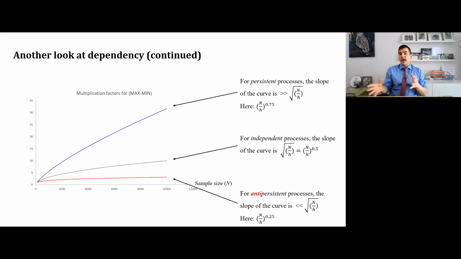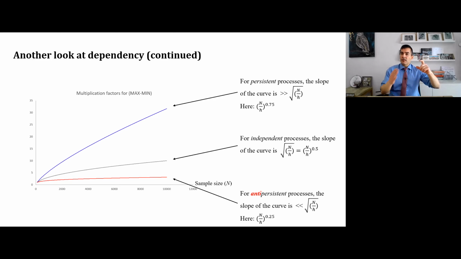On the other hand, if we're talking about negative autocorrelation, for instance where the point estimate of A is equal to minus 0.1, there we have a negative autocorrelation, or an anti-persistent process. For anti-persistent processes, the slope is less than 0.5, respectively less than the square root. Again, we have a sample of 100 in the beginning, and the range between maximum and minimum that we measure is 20.